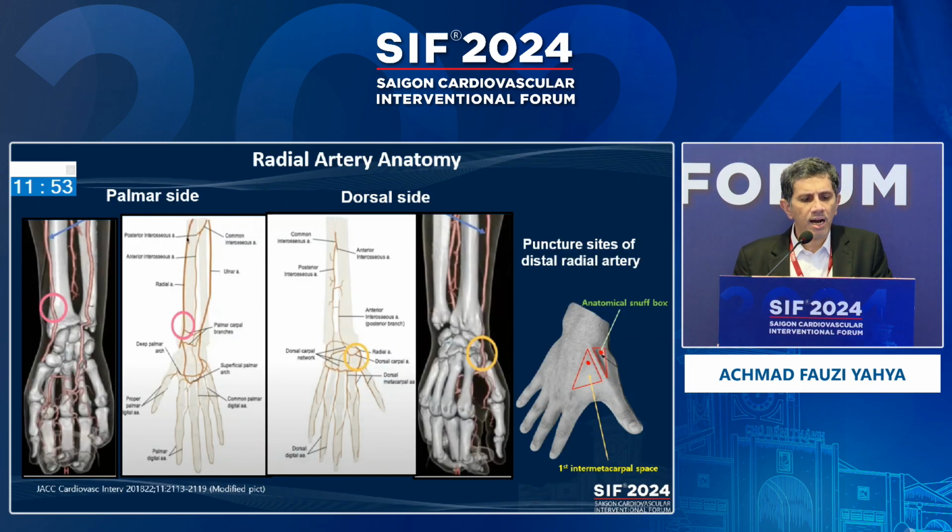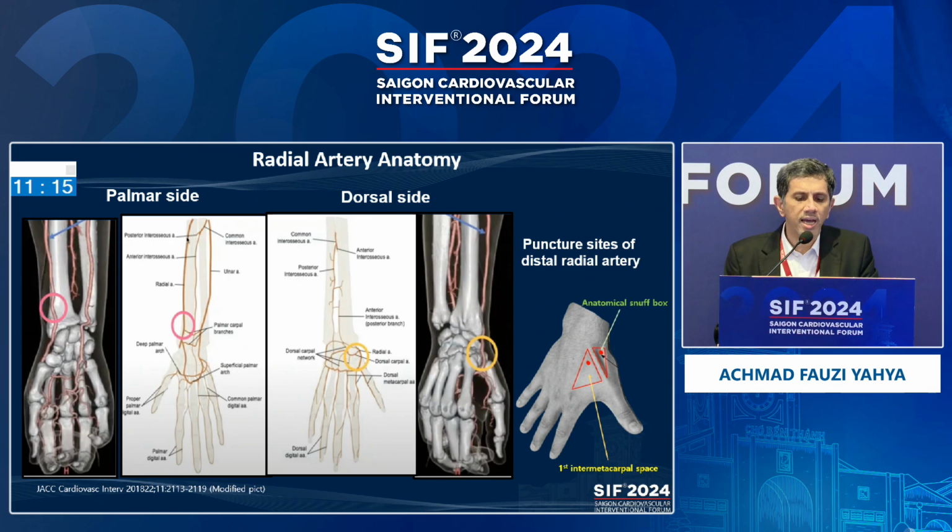This is the radial artery anatomy. The radial artery descends along the lateral aspect of the radius, and if you feel between the flexor carpi radialis and the anterior surface of the radius, you can palpate the radial artery. Then the radial artery curls posterolaterally to the dorsal side of the wrist, and then you have the distal radial.